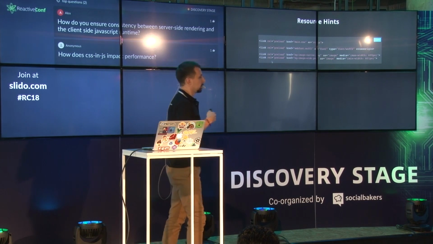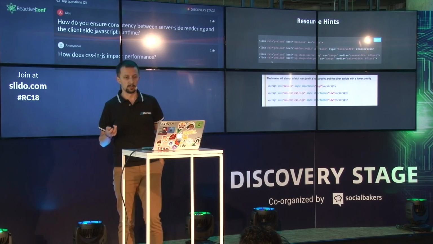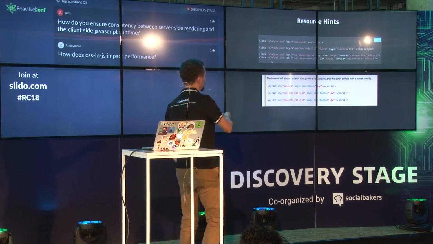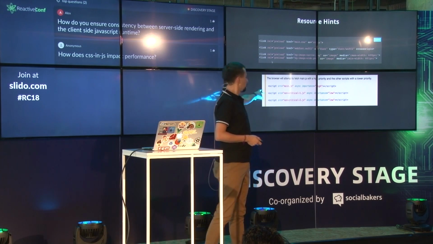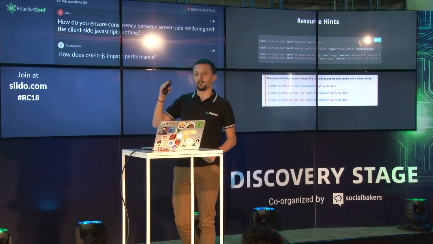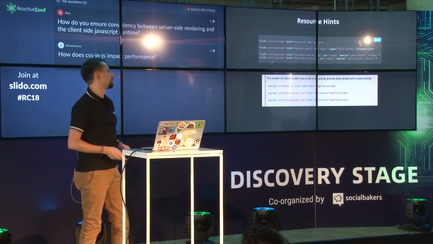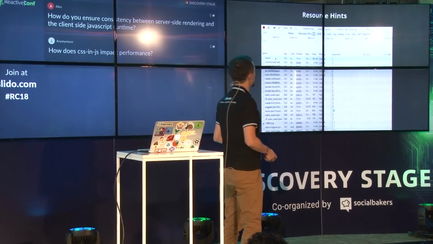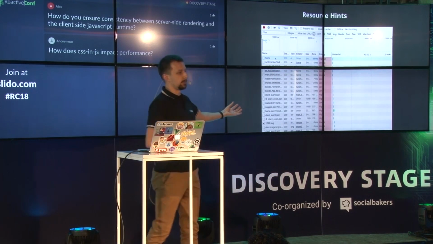The nice part is this is evolving into a newer spec that's going to land in HTML sometime in the future, where you will be able to use this attribute of importance. And you will be able to manually tell the browser that, OK, these resources are more important than these. What all of these do is that they actually manipulate this priority here.